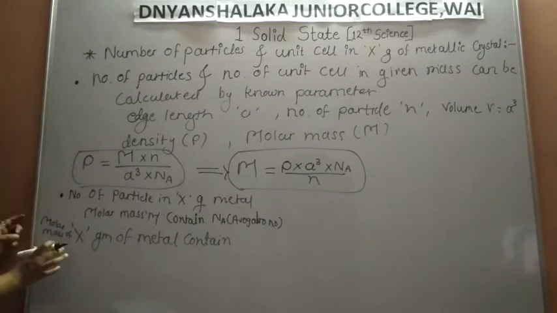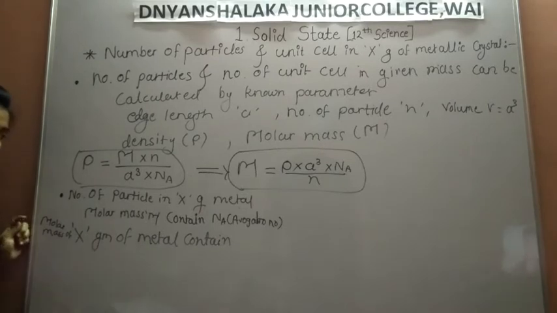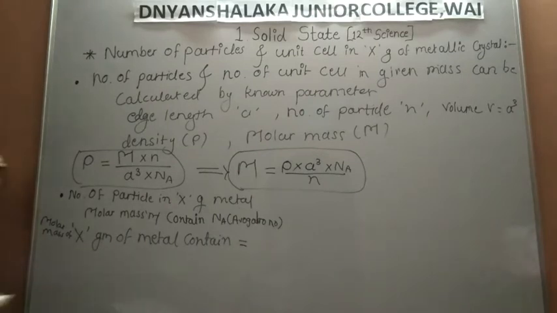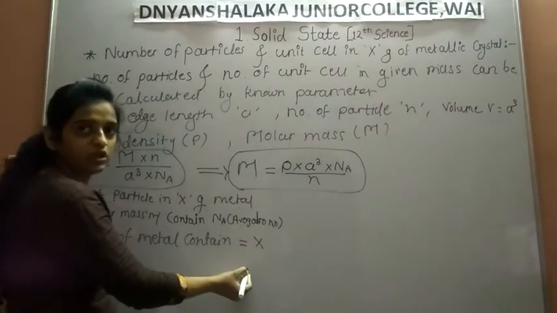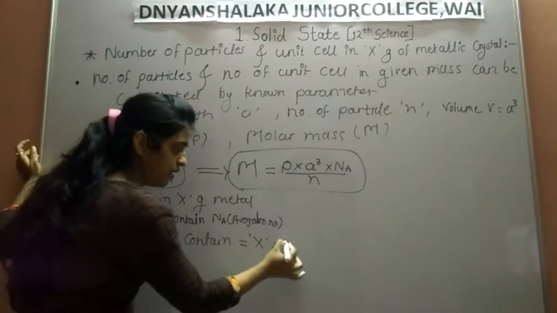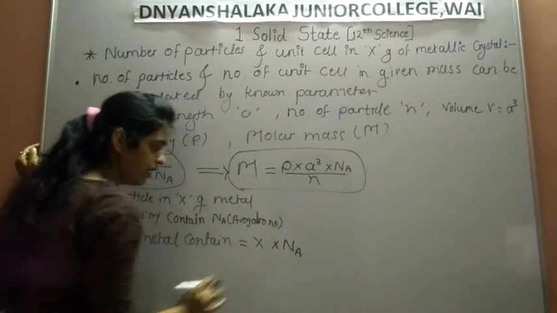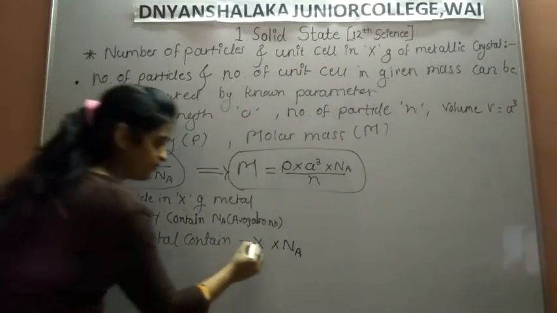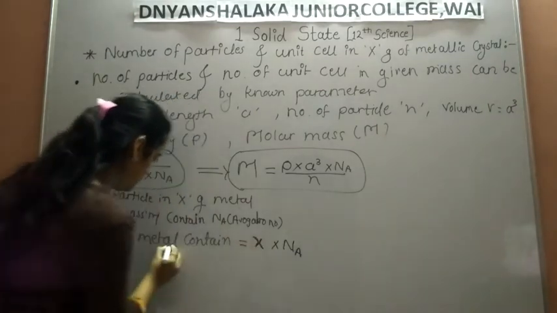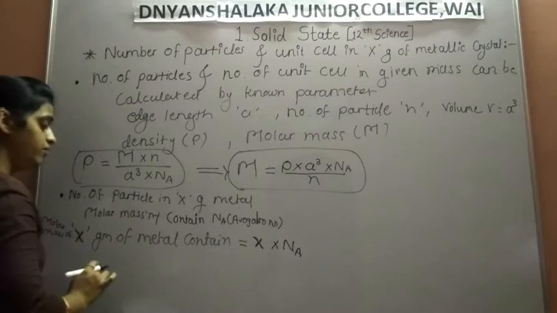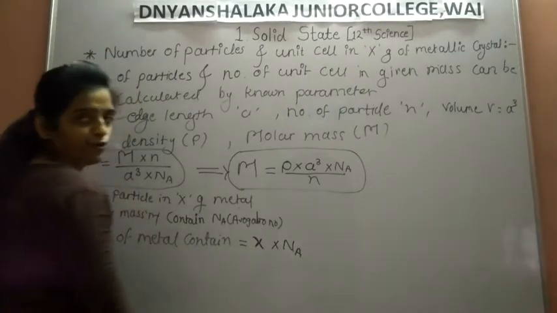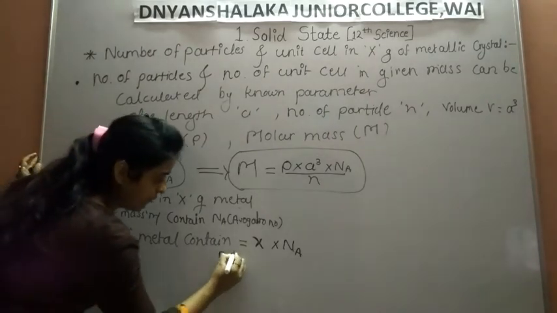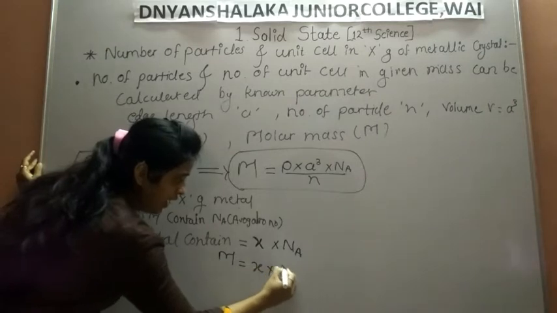So here also, the molar mass of x gram of metal contains x gram into Avogadro number Na. So this is the value of capital M: x into Avogadro number.